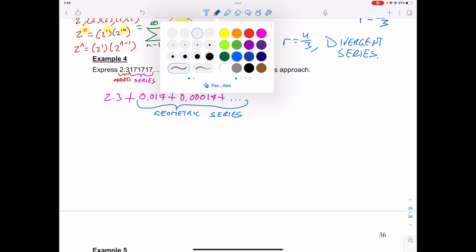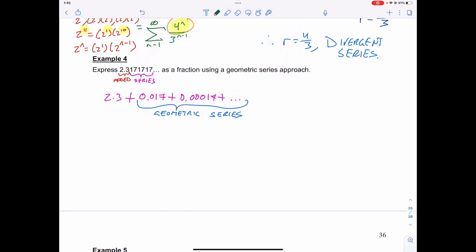From that, I know from my geometric series, a is equal to 0.017, and I know that r is equal to 0.00017 divided by 0.017, which I can multiply the top and the bottom by 1,000 and just get 17 over 1,700, or just 1 over 100.